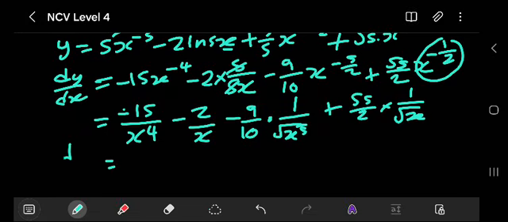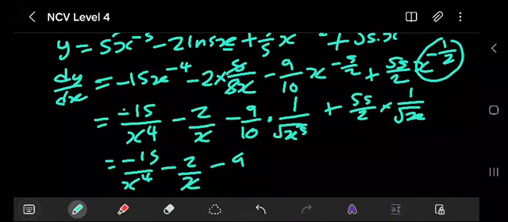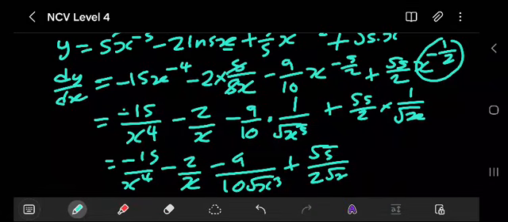Then your answer, simply have minus 15 over x raised to the power 4 minus 2 over x minus 9 over 10, that plus square root of 5 over 2 root x. So yeah, this is what you will have there.